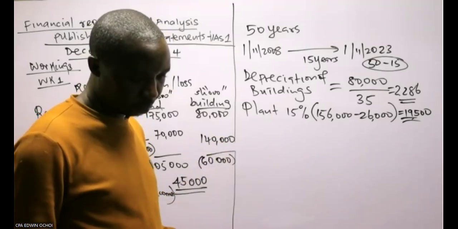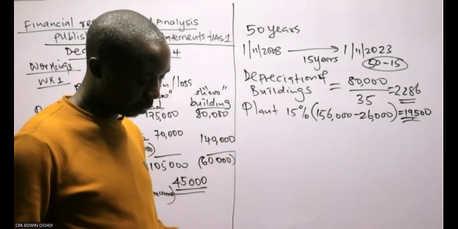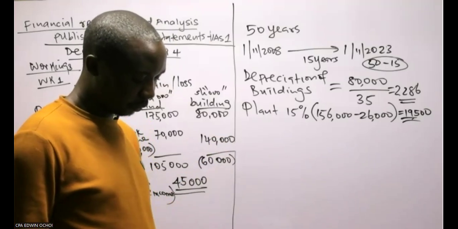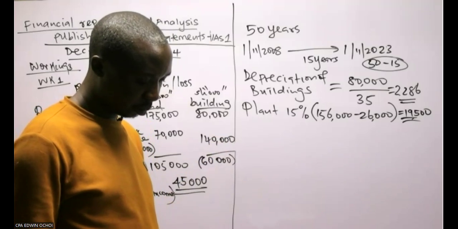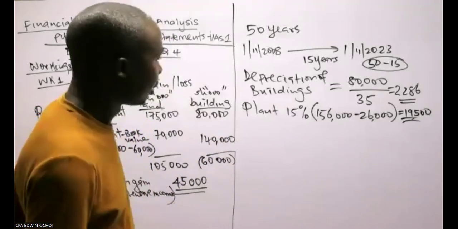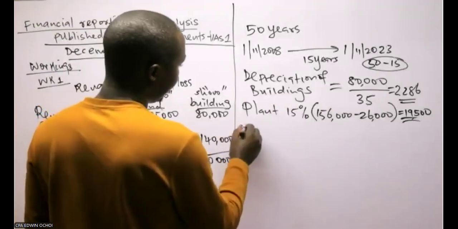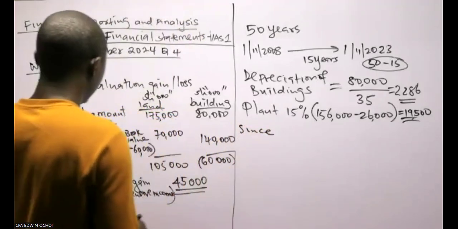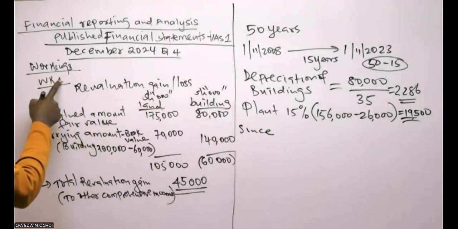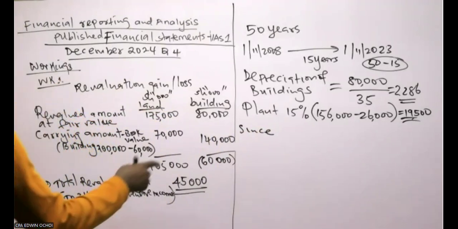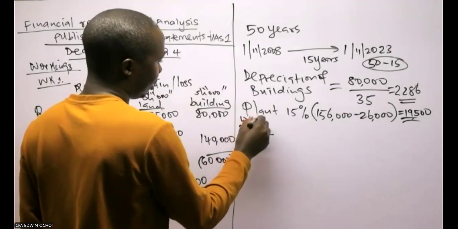So we have to do the analysis of this lease. So we have to write something here. Remember, this one was working 1, we have done this up to this point. So let's do working number 2.